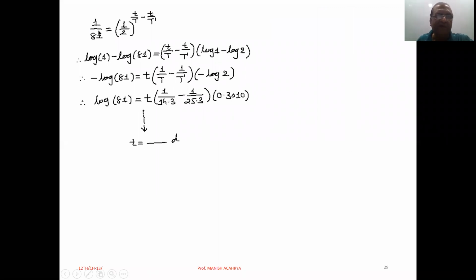Resultantly, we get 1 upon 81, that is half raised to T upon capital T minus T upon capital T dash. Now take log on both the sides, and then after take small t common, substitute the value of capital T and capital T dash, and then solve this equation. You will get the time after which this happens. Clear to all of you?